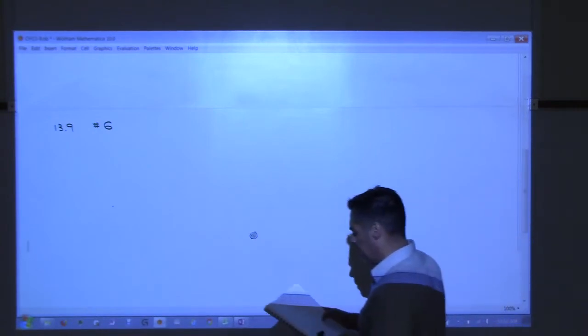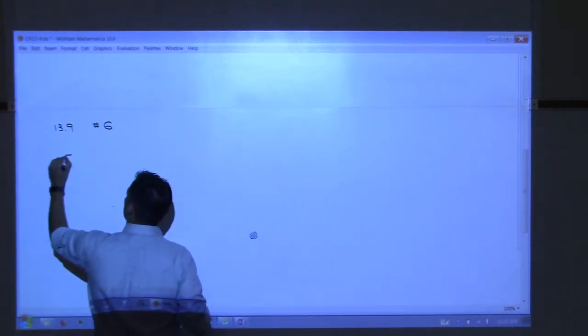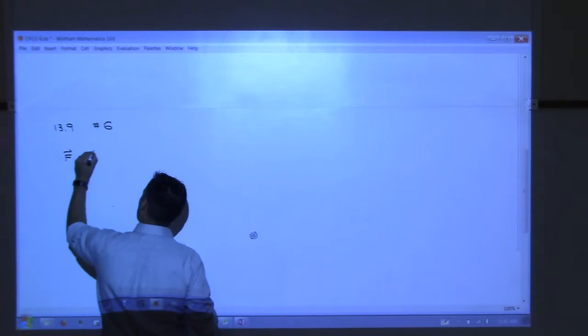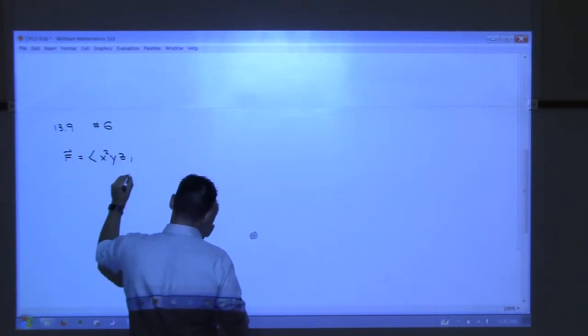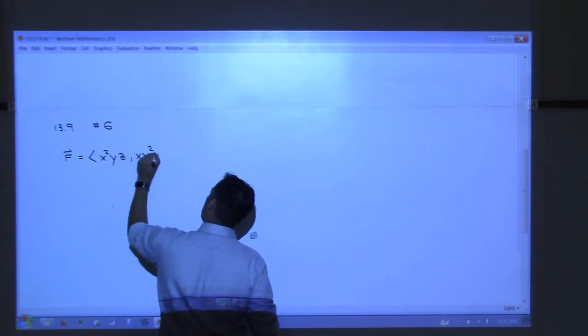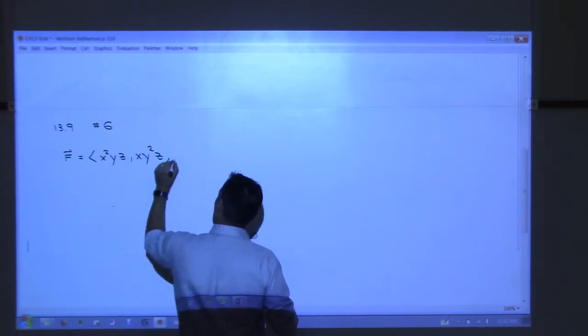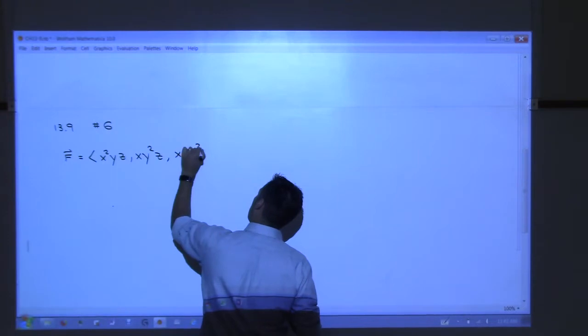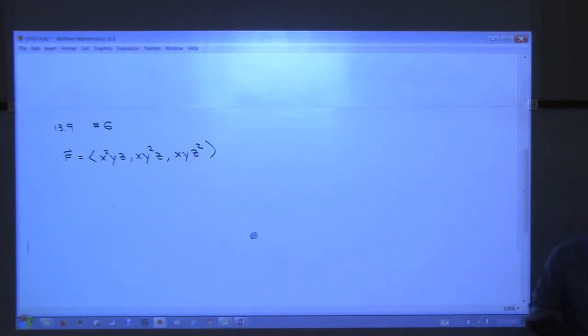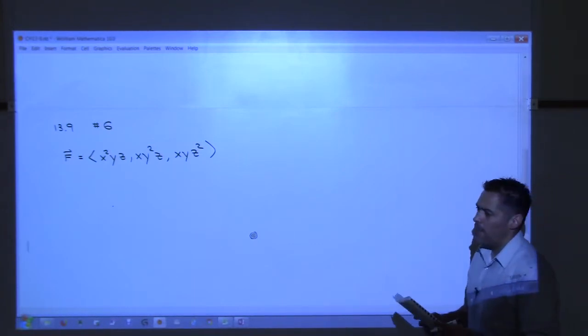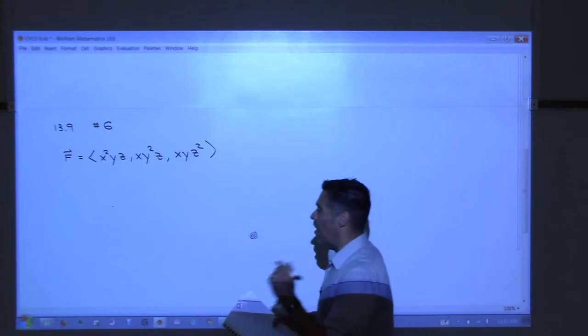And here's what they give you. They give you a vector field. The vector field is x squared y z, then x y squared z, and then x y z squared. So that's your vector field. And they give you a surface that is the combination of these 6 planes.